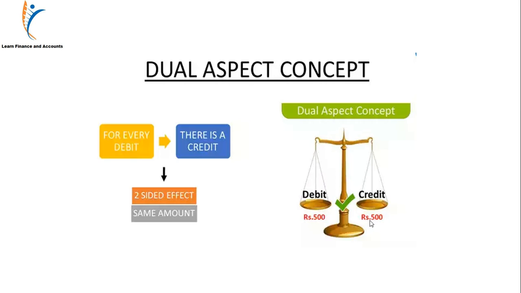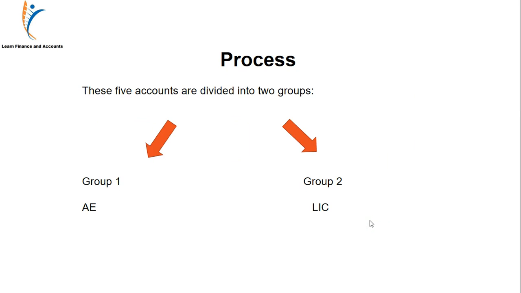Now we are going to check our accounts and convert the transaction in such a way that it can be recorded in a journal. So what is the process? The process as per the modern approach is that we divide the five accounts into two groups.